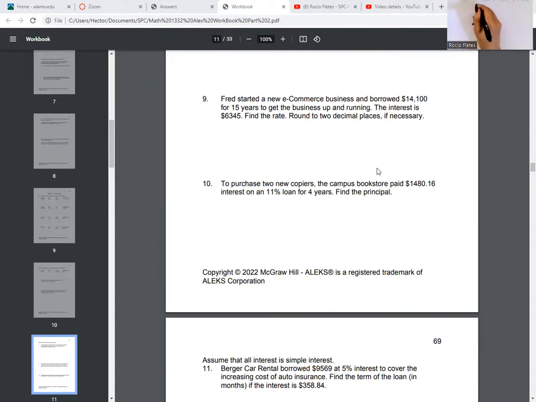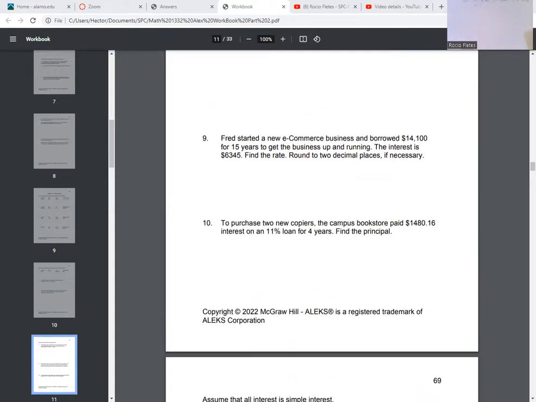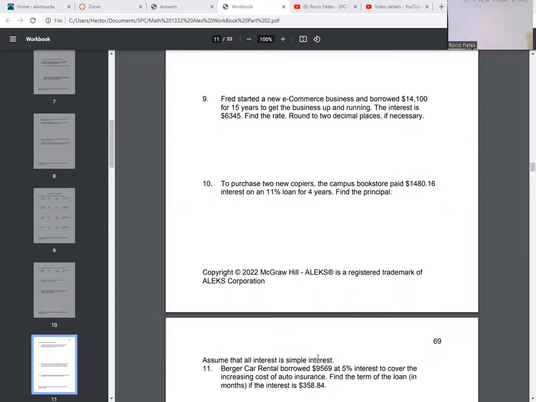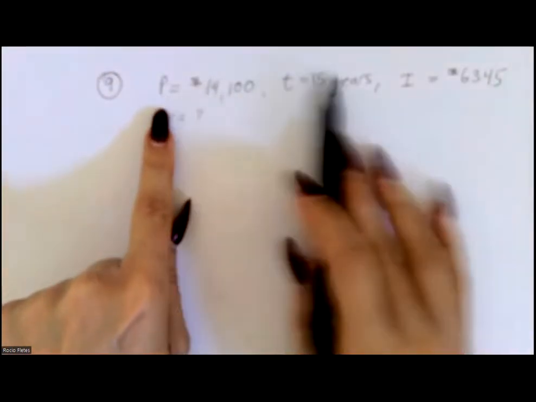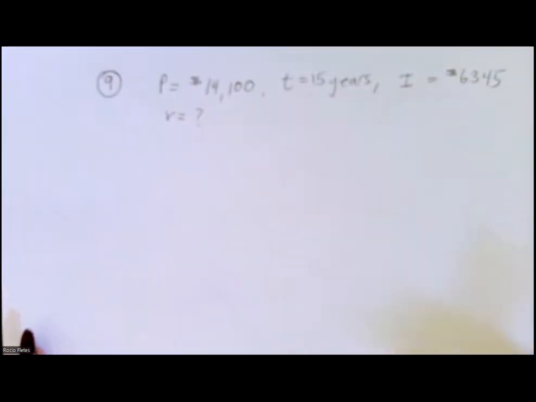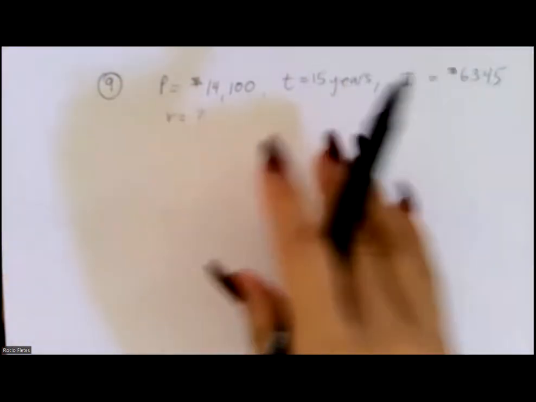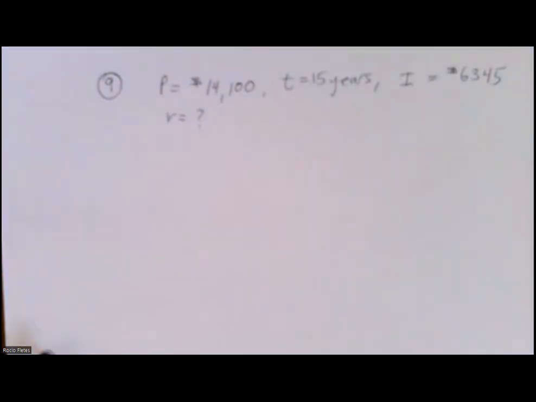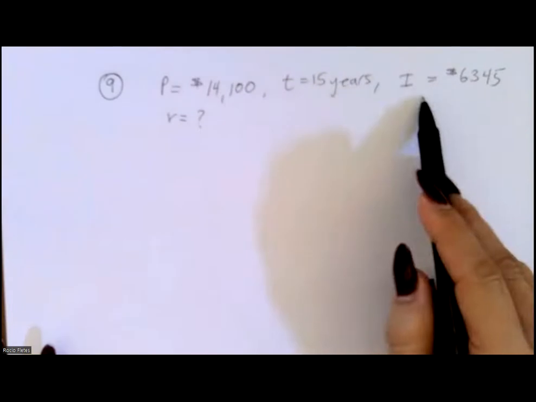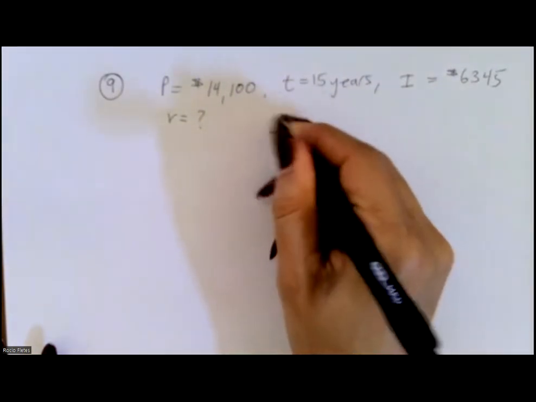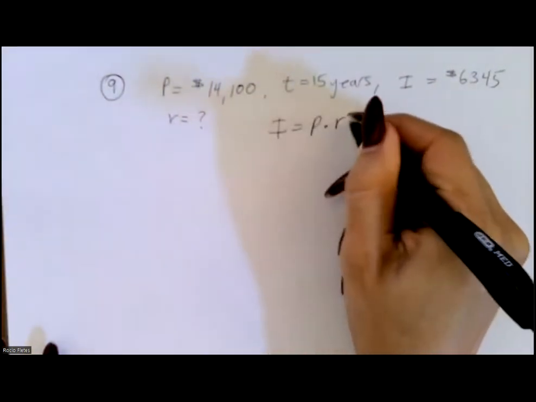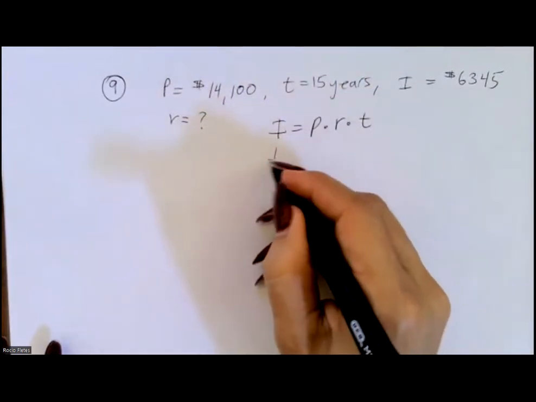This is one of those questions where I can use the I equals PRT formula. Because I have P, I have T, and I have I, I just need to find R, and then I can find the interest rate.